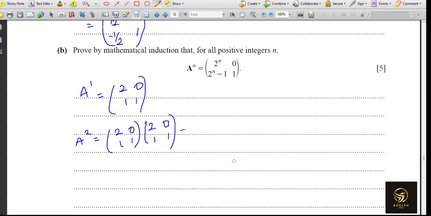If you multiply them, you get (4 0; 3 1). Maybe we can write this in the nth term form, that is 2 power 2, 0 and 2 power 2 minus 1, because 4 minus 1 is 3, and 1.